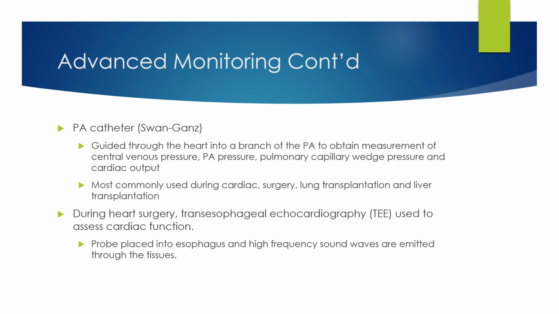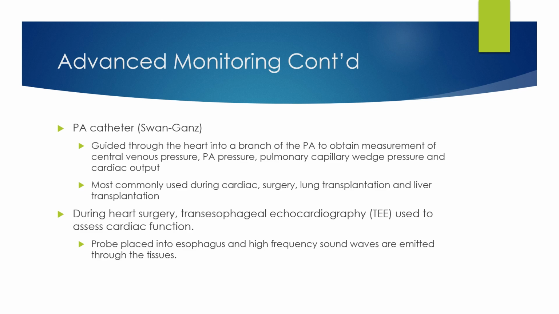Okay, the PA, or pulmonary artery Swan-Ganz catheter. It's guided through the heart into a branch of the pulmonary artery to obtain measurement of central venous pressure, PA pressure, pulmonary capillary wedge pressure, and cardiac output. It's a lot.